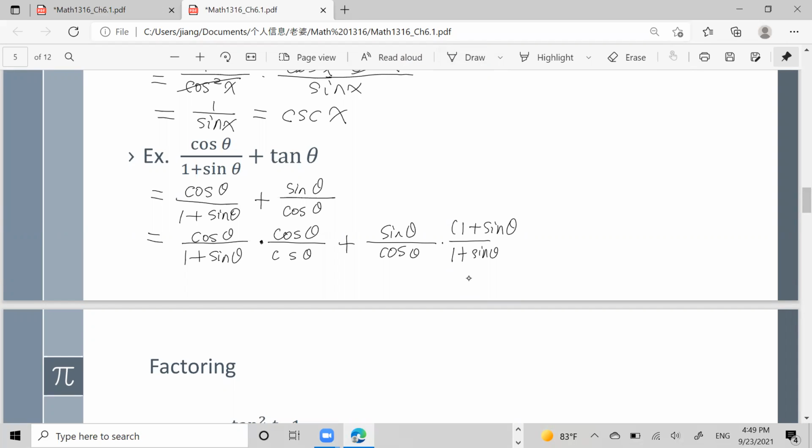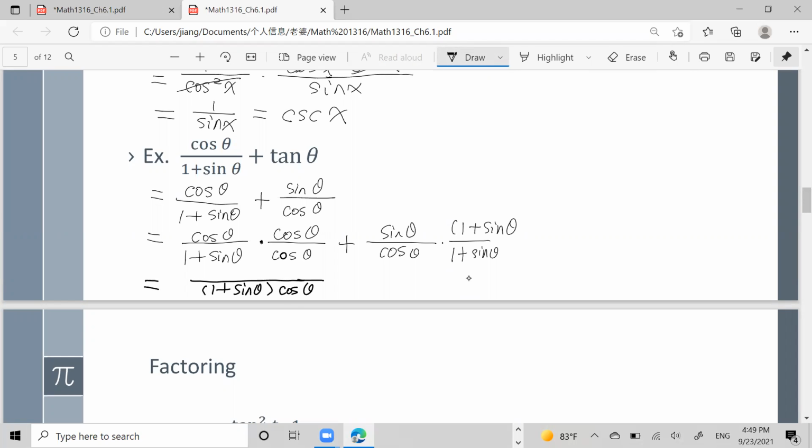All right, simplify this. The denominator is 1 plus sine theta times cosine theta.